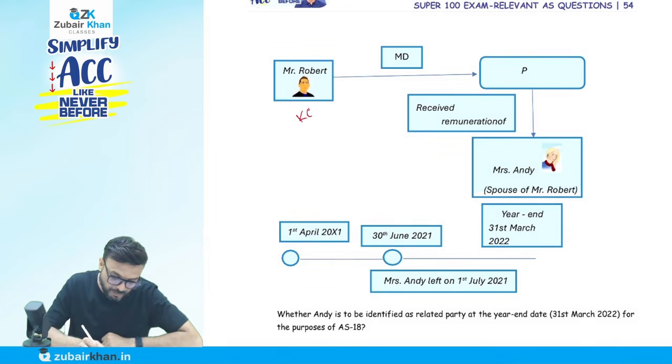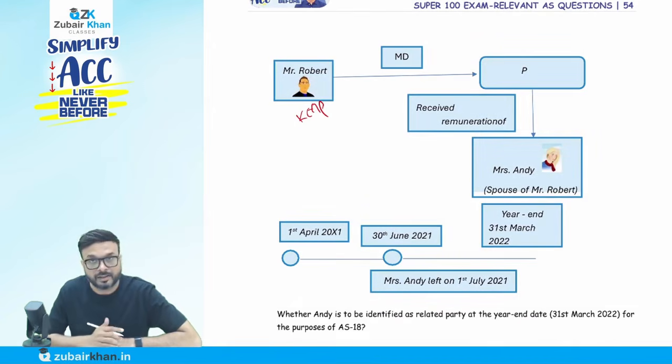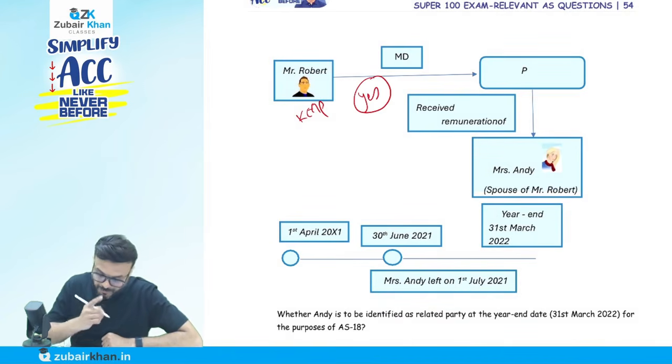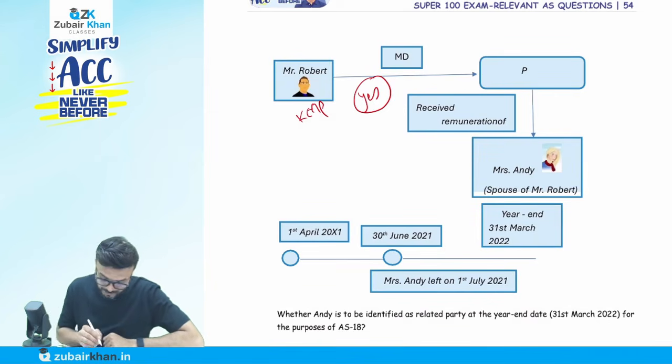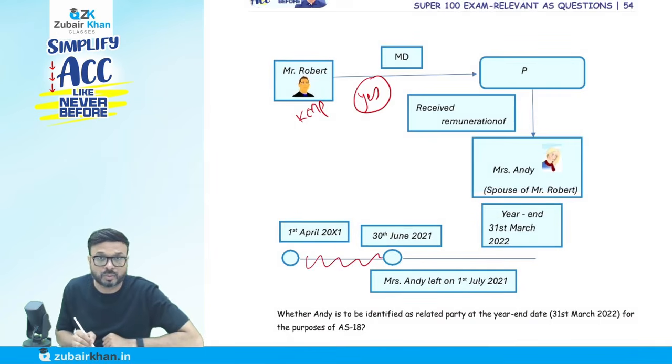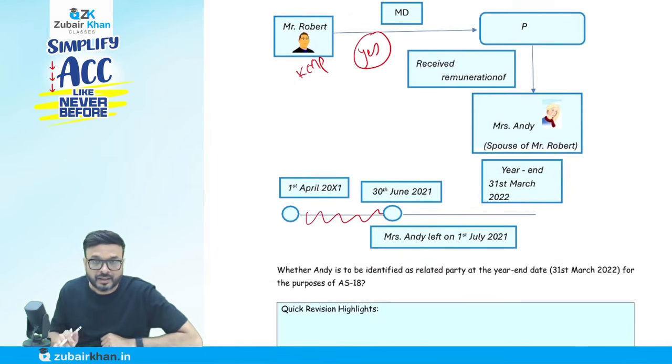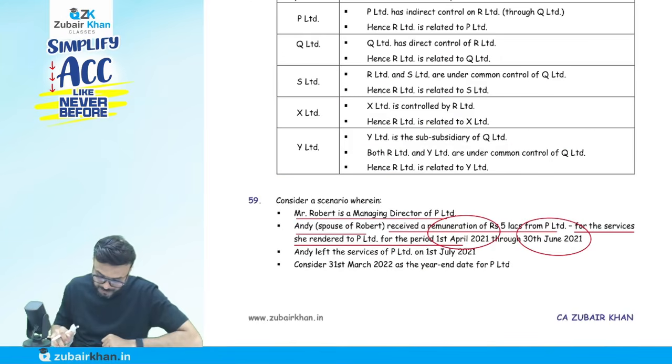So whether Robert and P are related parties? Yes, because he is a key management person. Now Mrs. Andy is the spouse of Mr. Robert. She worked for the company for 3 months, from April to June, and she got a salary of ₹5 lakh.